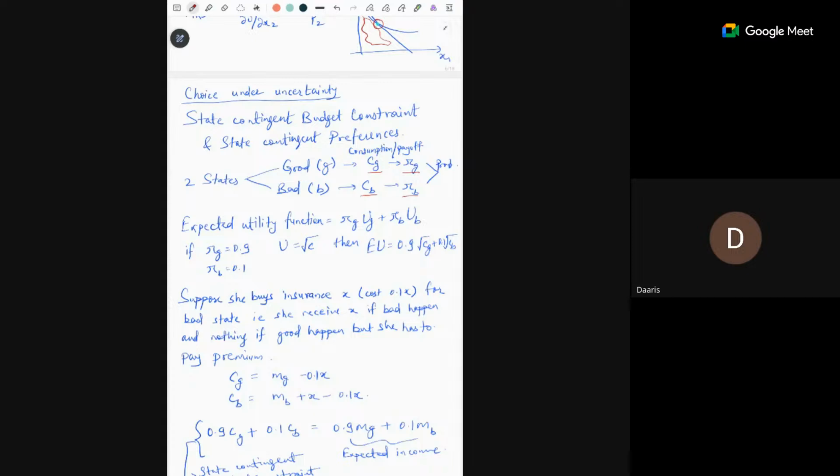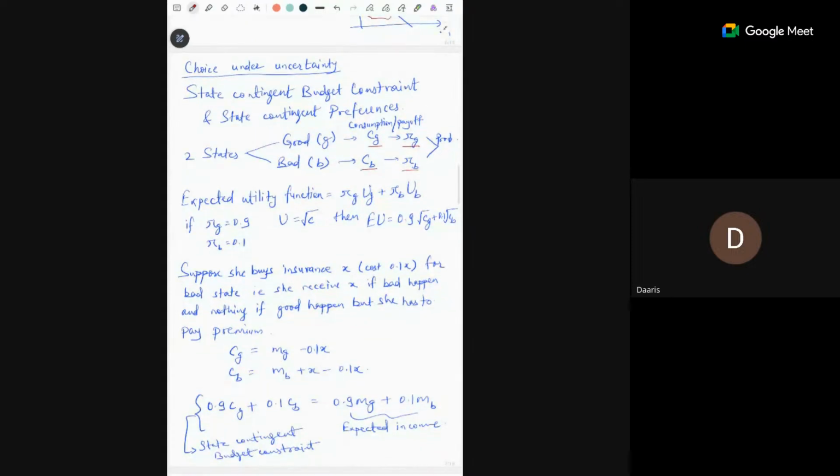Using this, we can derive the state contingent budget constraint. Regarding utility, the expected utility function is the probability weighted utility over both states.